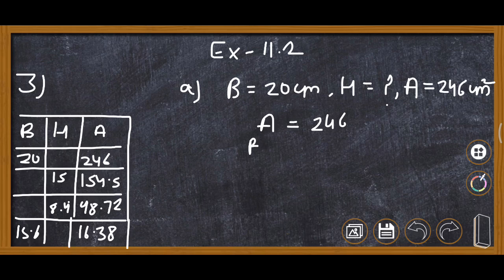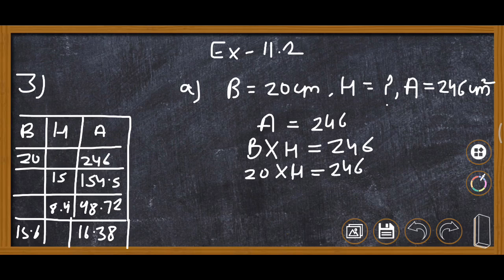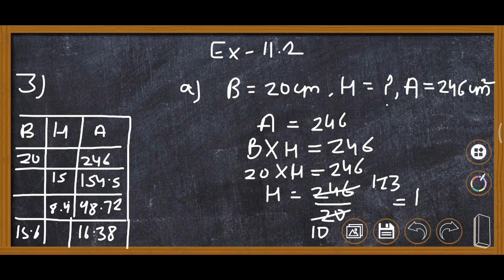So this is equal to base into height, 246. Now base is 20, height we don't know, so we will write it as H, and then H is equal to 246 upon 20. Now we will cut these numbers by 2. This is 10, this is 123. Then with the point we will write 12.3 centimeter. Then here you will fill 12.3 centimeter.